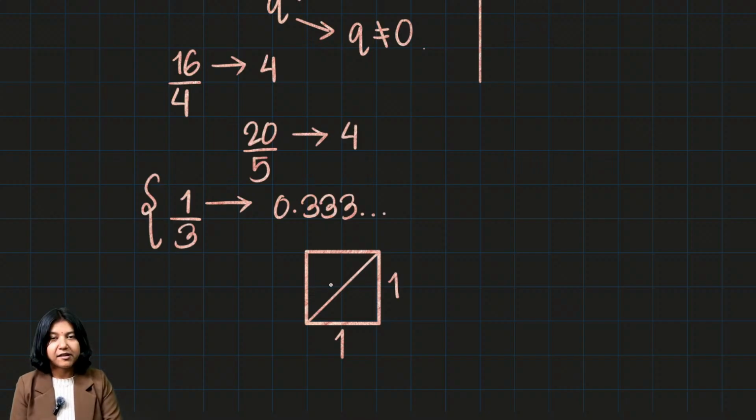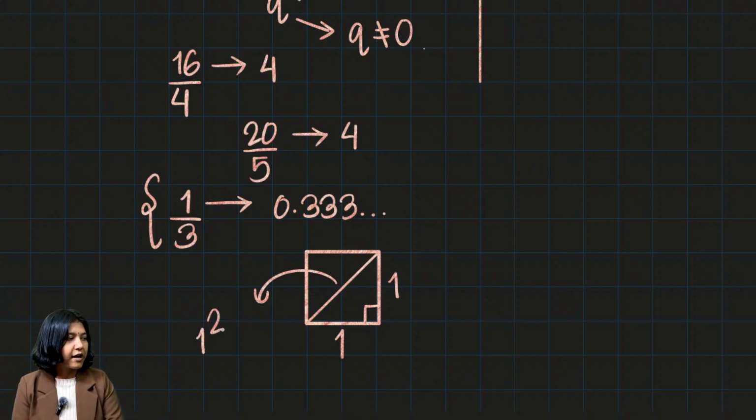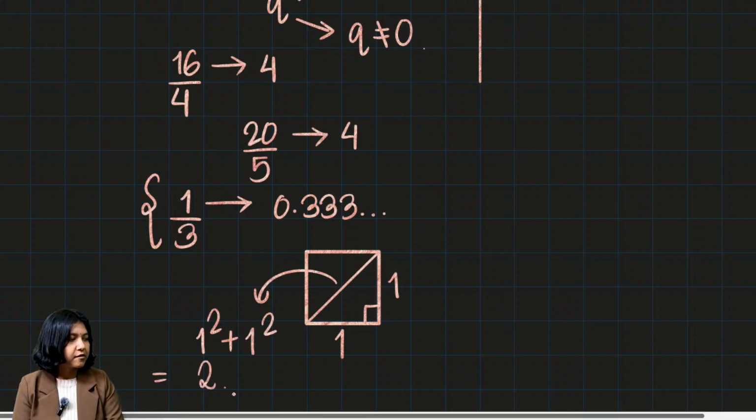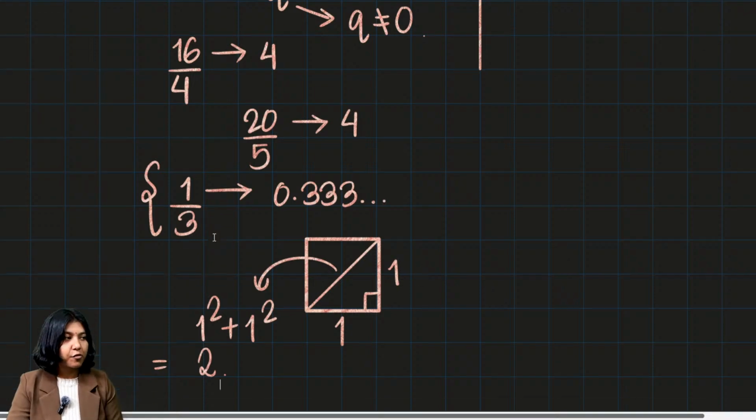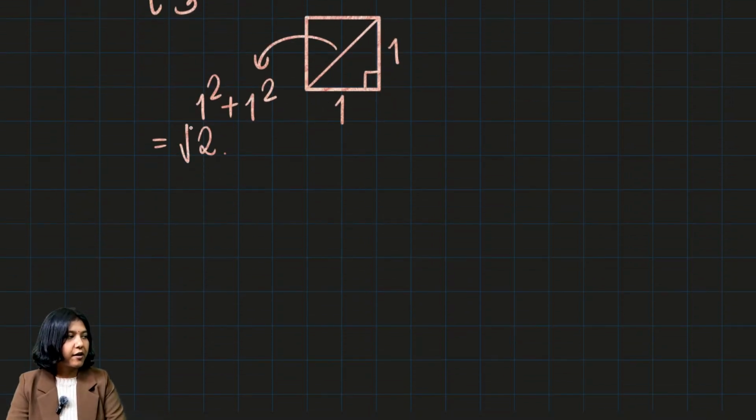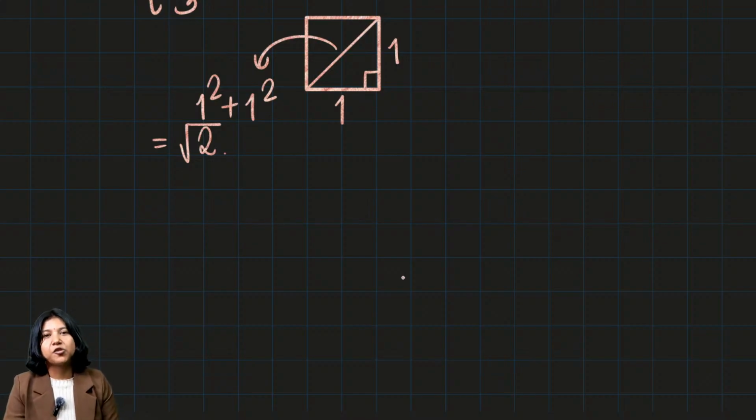Because by using Pythagoras theorem, you would figure out that this diagonal, which is opposite the 90 degrees, happens to be the longest side. It is obtained by taking the squares of the other two sides, adding them up, and then finding the square root of this value. So when you find the square root of this, clearly square root of 2, there is no perfect number that multiplies with itself to give you that 2. So such numbers cannot be represented as fractions.